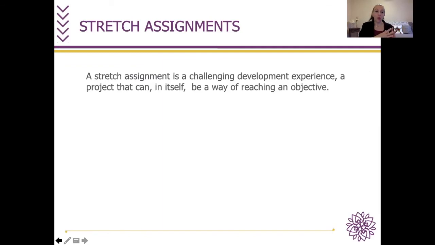So once your high potential have been identified, then stretch assignments are put in place to help with their development. The other way in which you might want to use them is when you're setting up objectives, because one of the role of a manager is to develop its people.